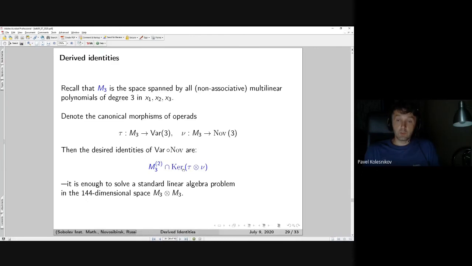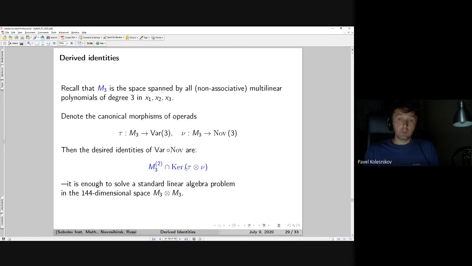So it's just linear algebra. And in order to get the result, we have to calculate the intersection of two linear spaces. Of course, all these spaces are subspaces in M3 tensor M3, which is 144-dimensional.